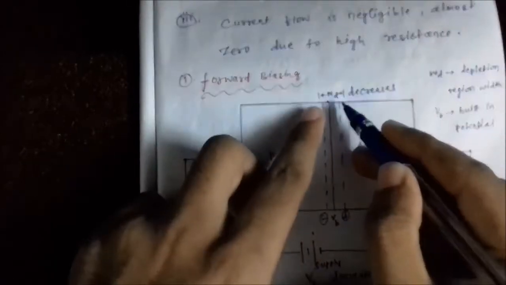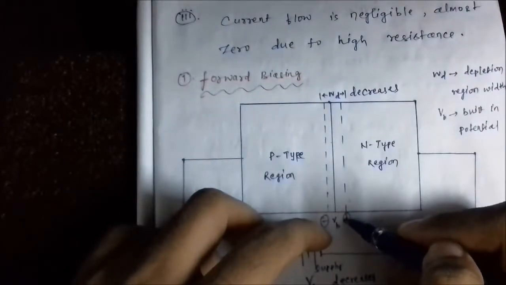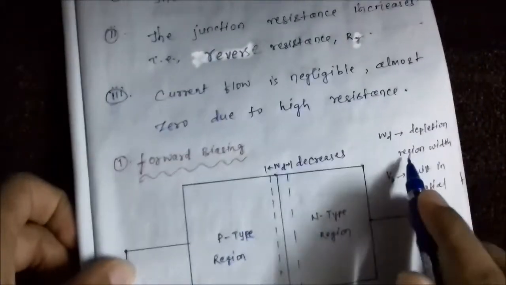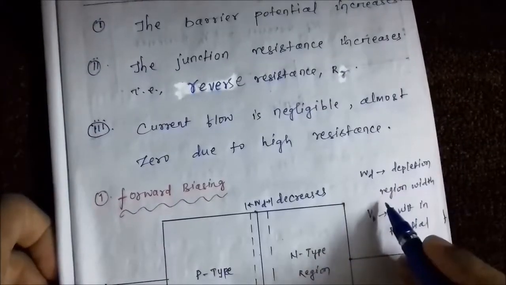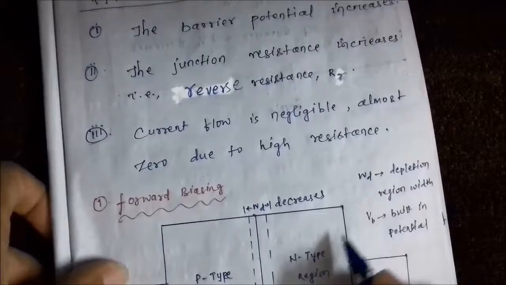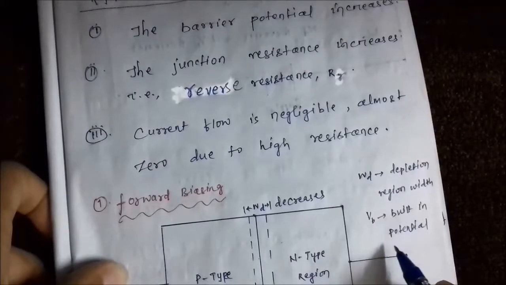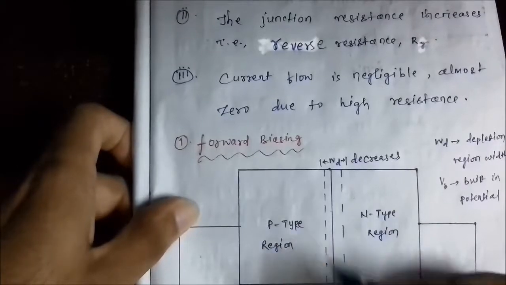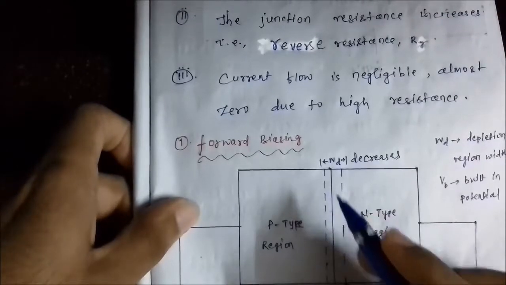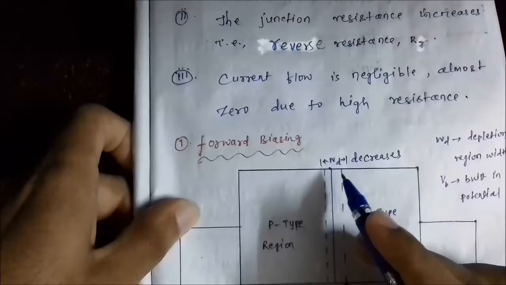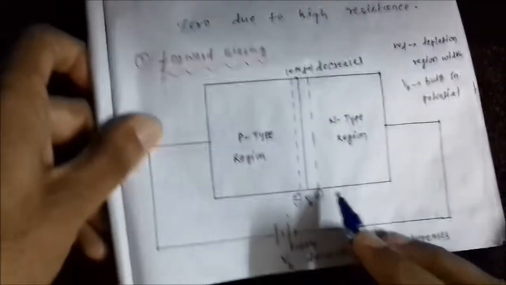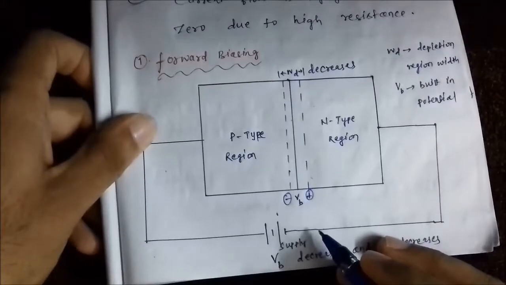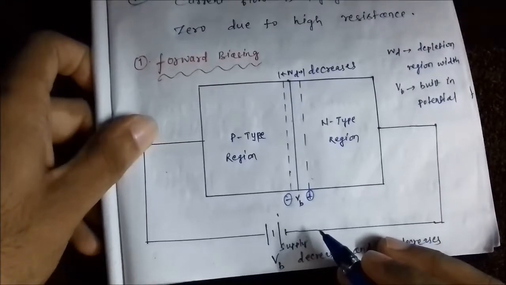The width of the depletion region, WD here, is the depletion region width, while VB is for built-in potential. So this barrier potential and the depletion region width both decrease because of the application of supply voltage in the opposite direction.